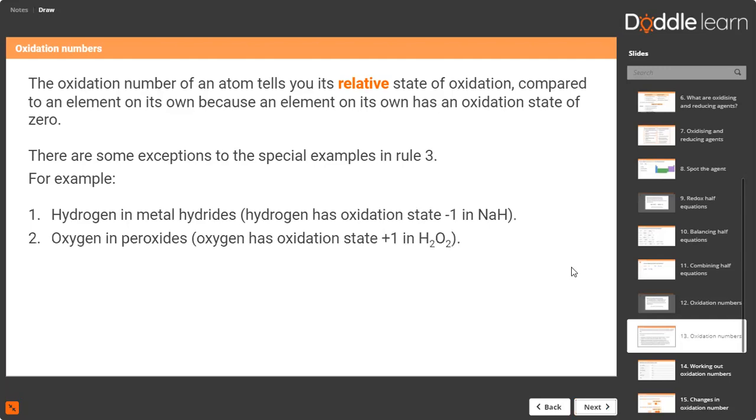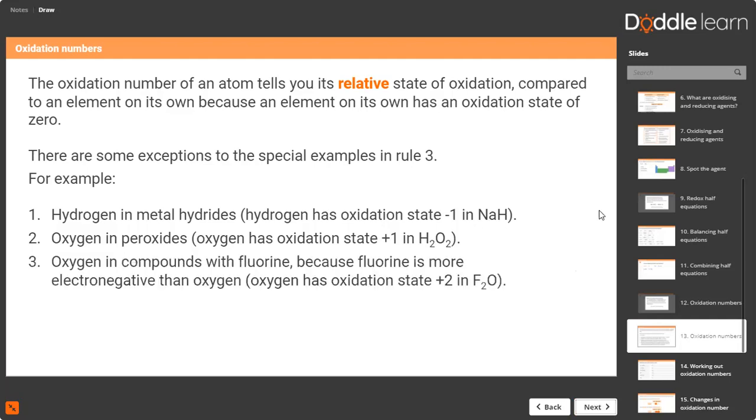Oxygen in peroxides. Now, oxygen in peroxide, for example H2O2, oxygen would normally have an oxidation state of -2. In peroxides, oxygen has an oxidation state of +1.